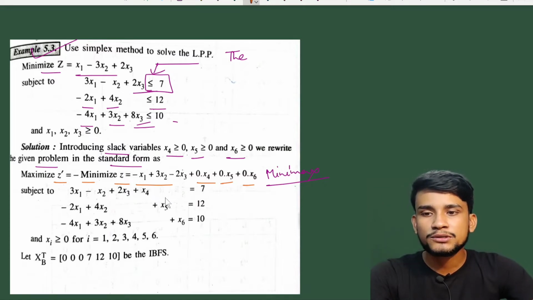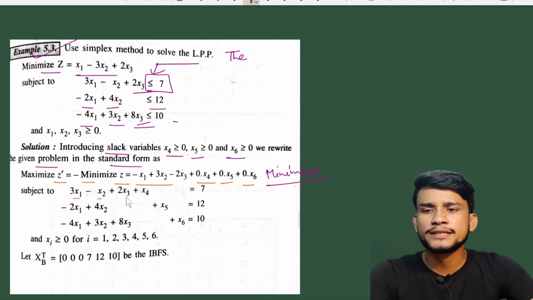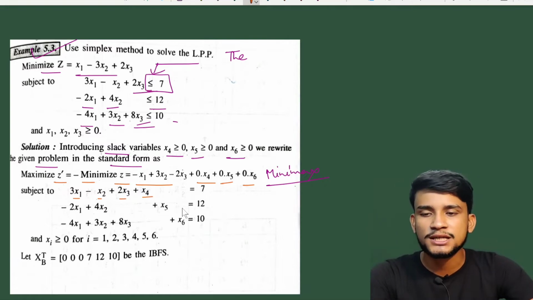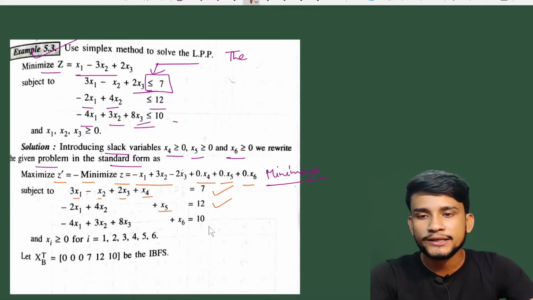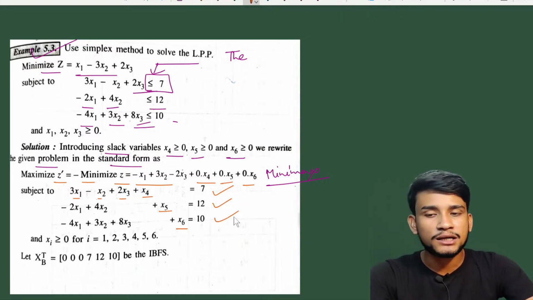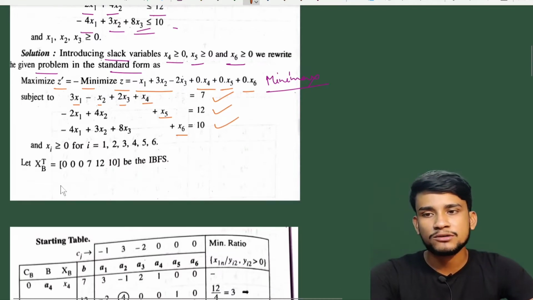Therefore the constraints are 3x1 minus x2 plus 2x3 plus x4. This is the slack variable for the first constraint, this is the slack variable for the second constraint, and this is the third slack variable for the third constraint, written as equalities. So xi greater than or equal to 0 for i equal to 1 to 6.